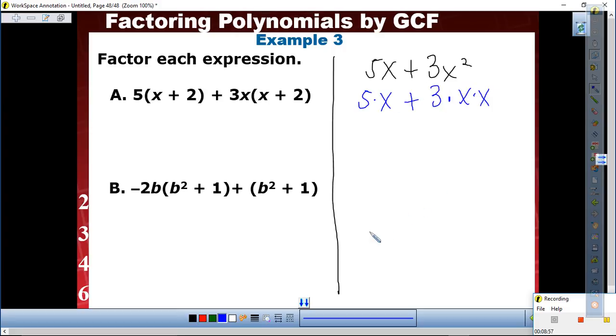Do you agree with that so far? And then from there, I would ask you, what do each term have in common, or what is a GCF? You would say x and x. Is that correct? And you would only write it one time over here, not twice, but that's what they have in common. That's why we write it once.